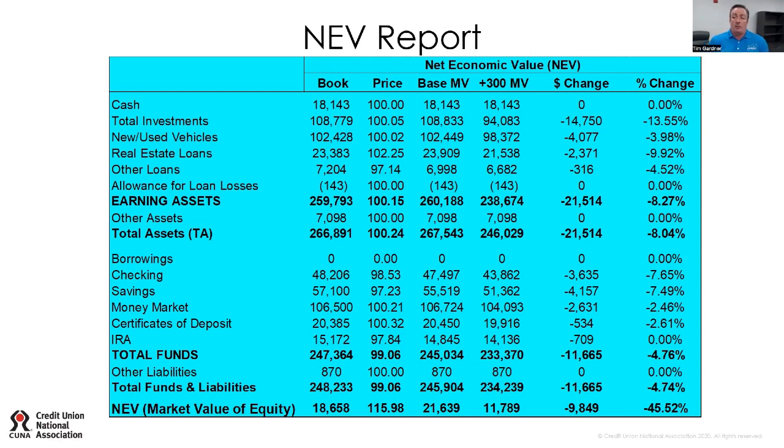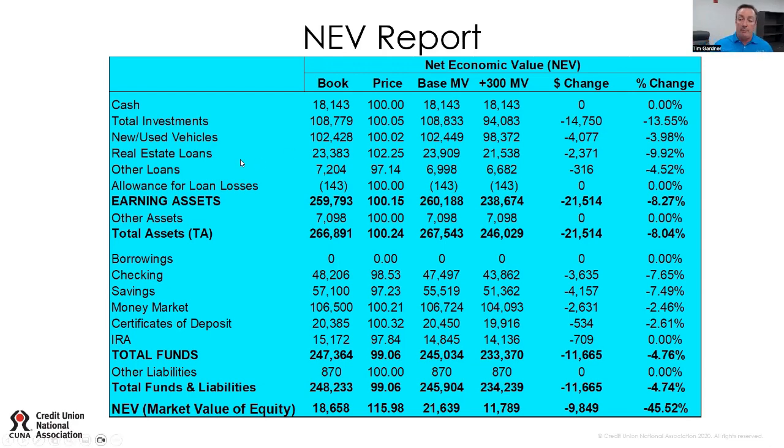So if I was going to try to sell my portfolio of 102 million, nobody's going to give me 102 million, because external interest rates have gone up by 3%, which means they're originating car loans that are 3% higher than what they were when I originated the ones on my balance sheet. So the market value goes down. That's a decrease of $4,077 in the value of my car loans.